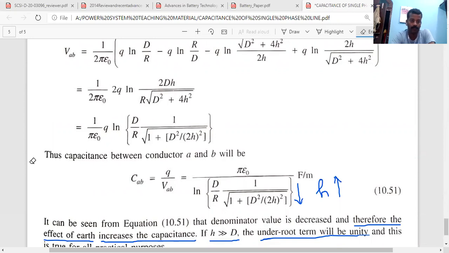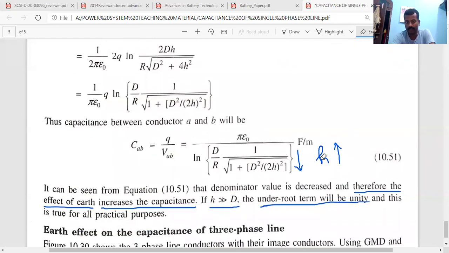Finally, we will calculate the capacitance between A and B. C will be equal to Q upon V, the total charge divided by the voltage difference between points A and B, and hence this will be equal to pi epsilon naught upon ln D by r times 1 upon root of 1 plus D square by 2h square.